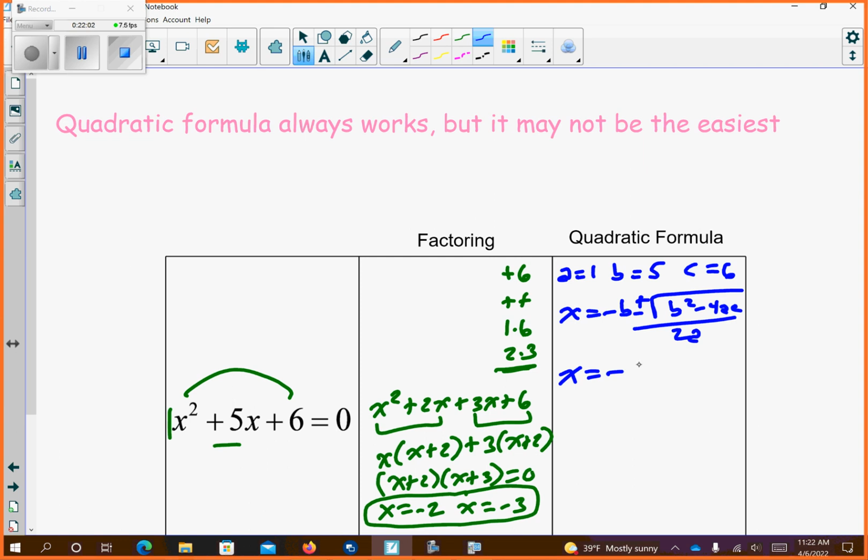Negative b is negative 5 plus or minus 5 squared minus 4 times a times c all over 2 times a. So x is equal to negative 5 plus or minus 5 squared, 25. Negative 4 times 1, negative 4. Negative 4 times 6, negative 24.